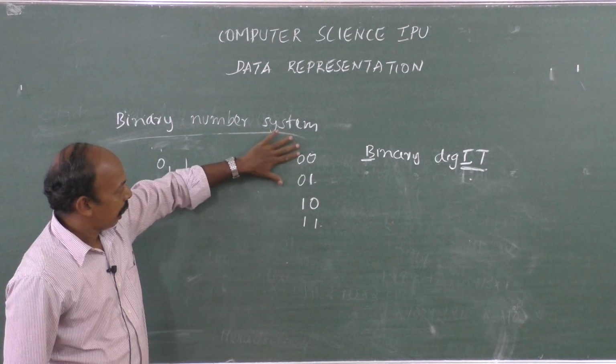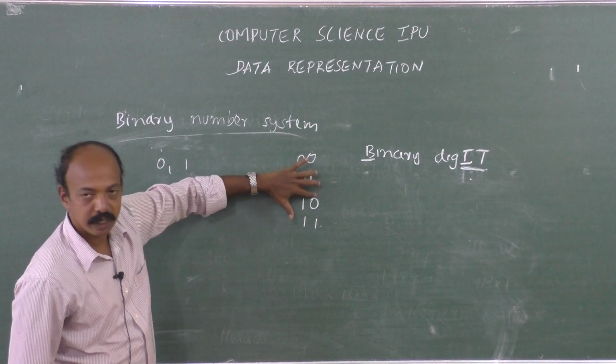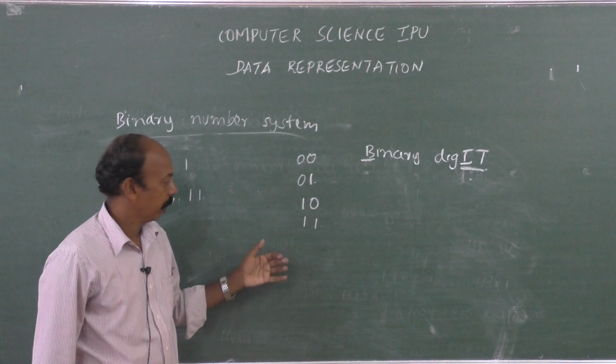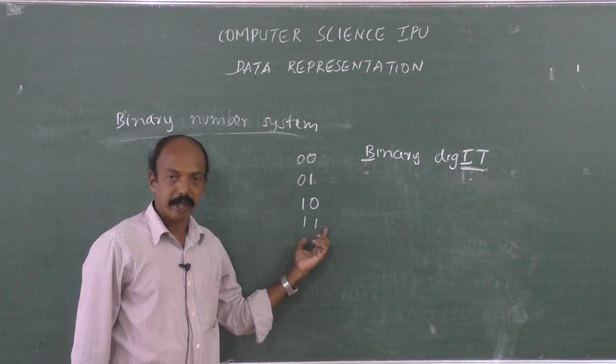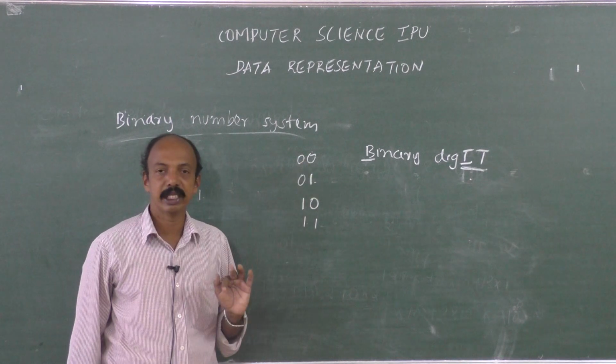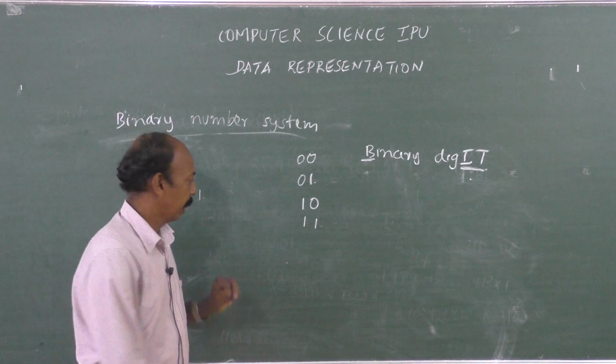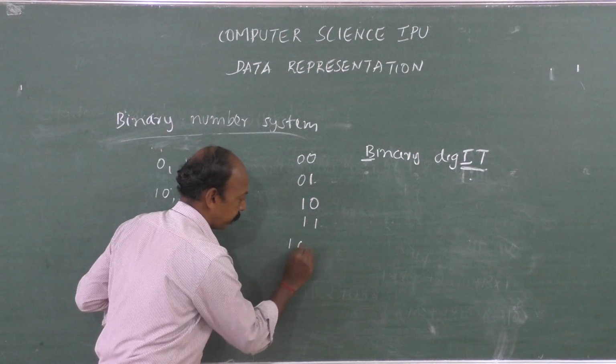So either 0 or 0 0, then 0 1, then 1 0, then 1 1. To represent the next number, again with respect to these 2 bits, it's not possible. So we need to take one more bit. It becomes 1 0 0.